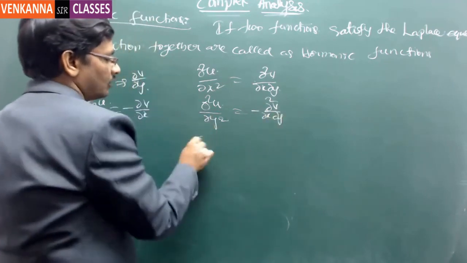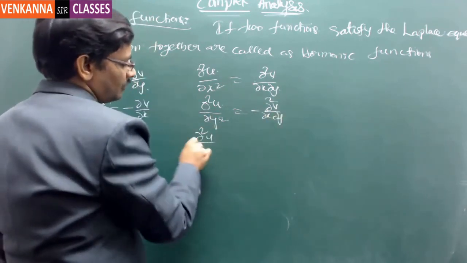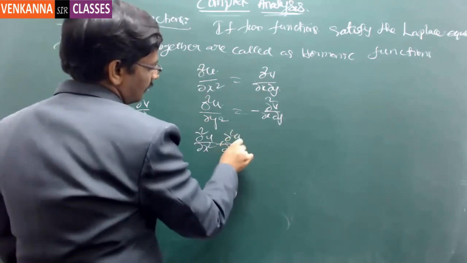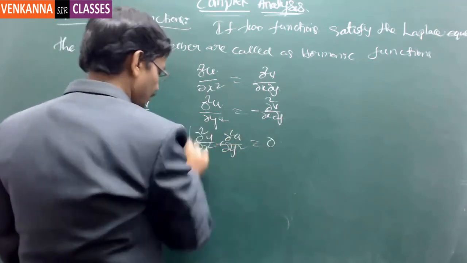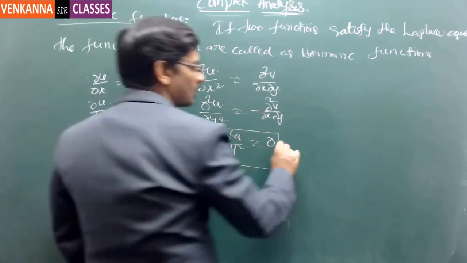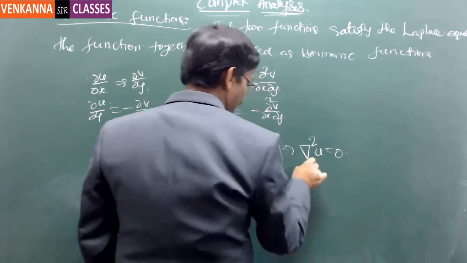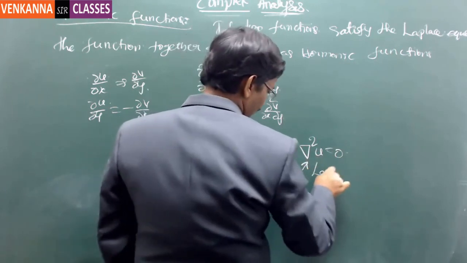Now if I add it together, ∂²u/∂x² plus ∂²u/∂y² is equal to 0. This is what we shortly write as del square u is equal to 0, and this is called the Laplace equation.